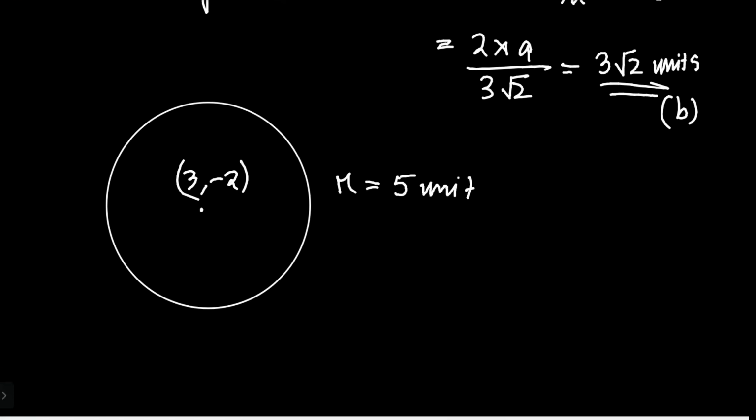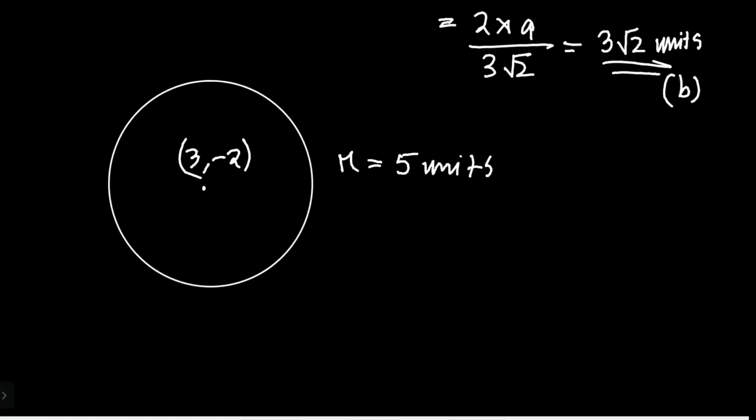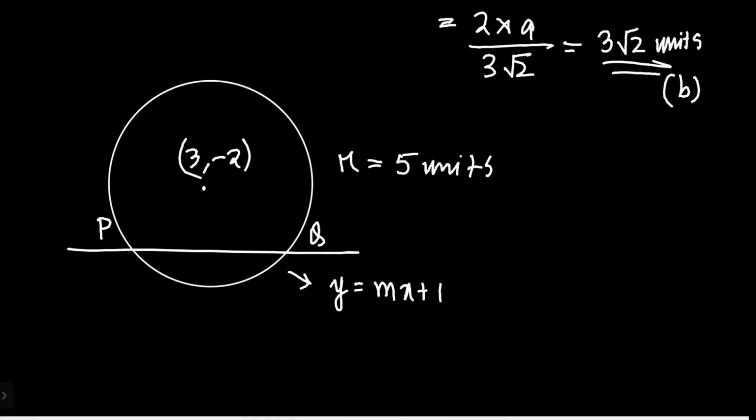Now it is told that a line y equal to mx plus 1 meets the circle at points P and Q. Suppose this is the line, meeting at P and Q. Now this line equation is y equal to mx plus 1. Suppose I name the center as C and the midpoint of the chord as M.